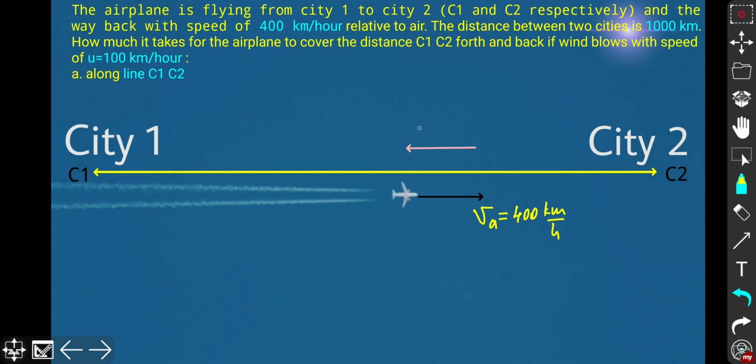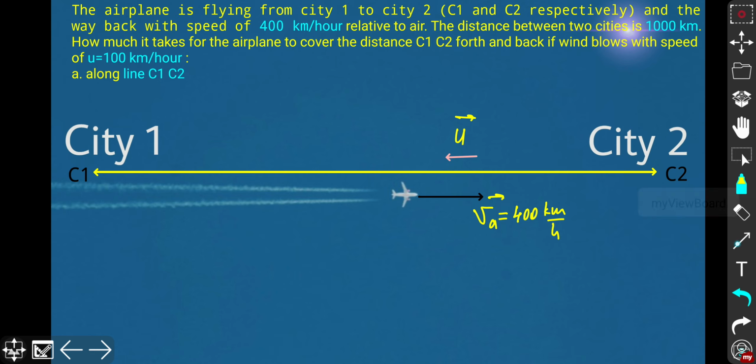I would like to draw proportionally. For example, this is going to be a smaller vector, around 4 times smaller, because that's around 100 kilometers per hour. So that's going to be U, which stands for wind. That's also a vector, and this is the vector.